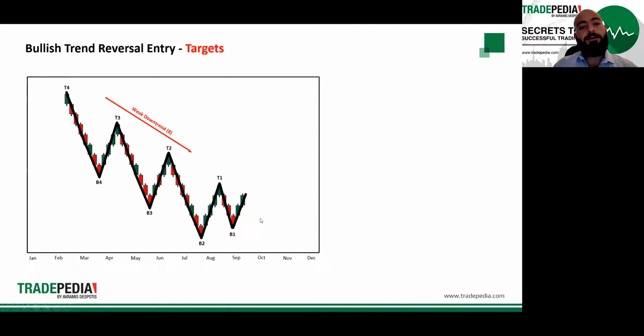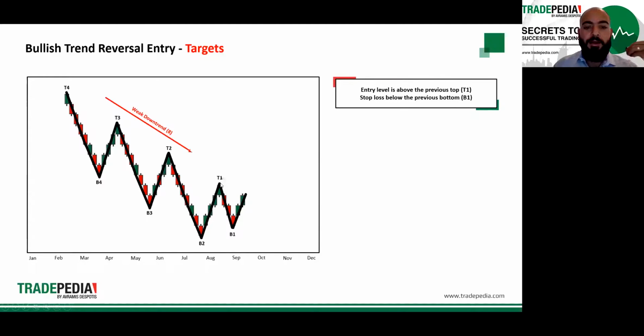When will this downtrend become completely destroyed? It will become completely destroyed the moment prices break above T1. So if prices fail to go below the previous bottom and manage to break above the previous top, then this will be the end of the downtrend and the beginning of an uptrend.